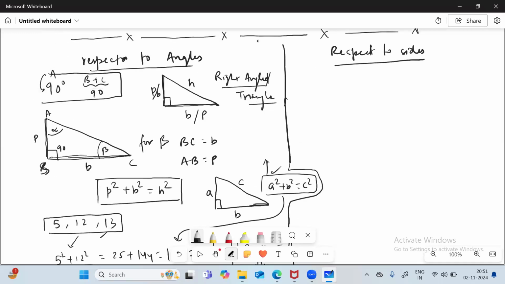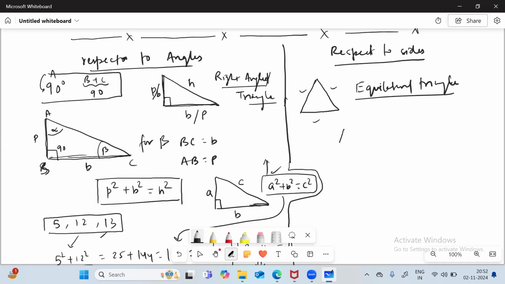If we categorize triangles with respect to sides, we again have three types of triangles. One, when all sides are equal, such a triangle will be called an equilateral triangle.